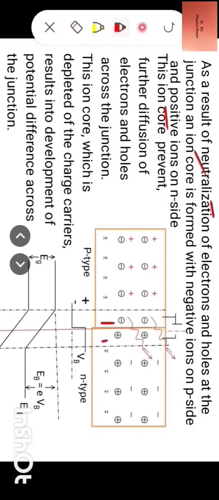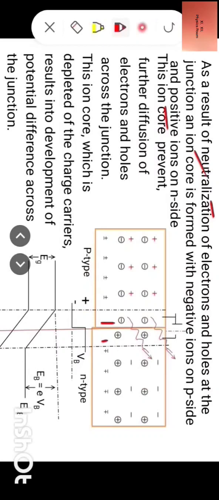Negative ions on p-type will repel electrons coming from n side, and positive ions on n side will repel holes coming from p-type. So it prevents further diffusion of electrons and holes across the junction.